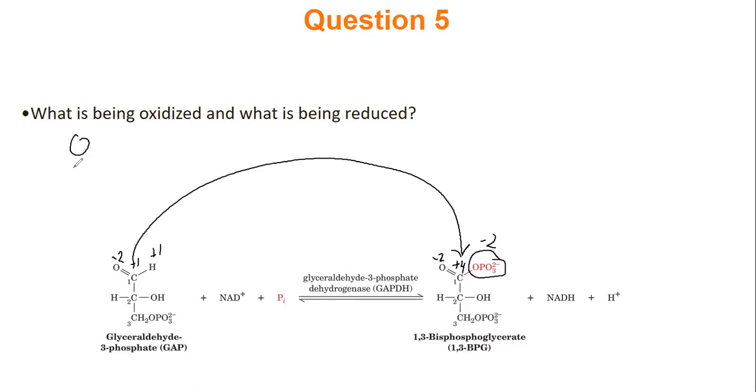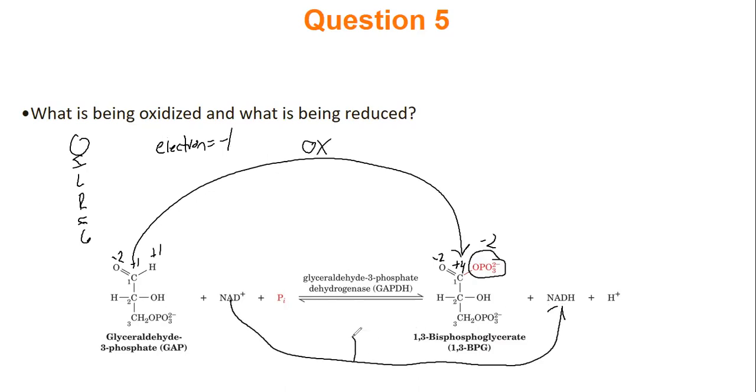Ox. Always remember, oil rig. Oxidation is loss of electrons. Reduction is gain of electrons. An electron is a -1 charge. So if I lose electrons, I become positively charged, right? So this is oxidized. Therefore, this was reduced.